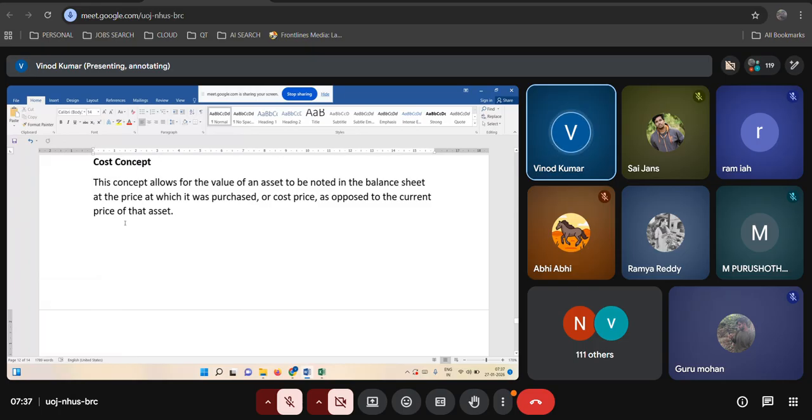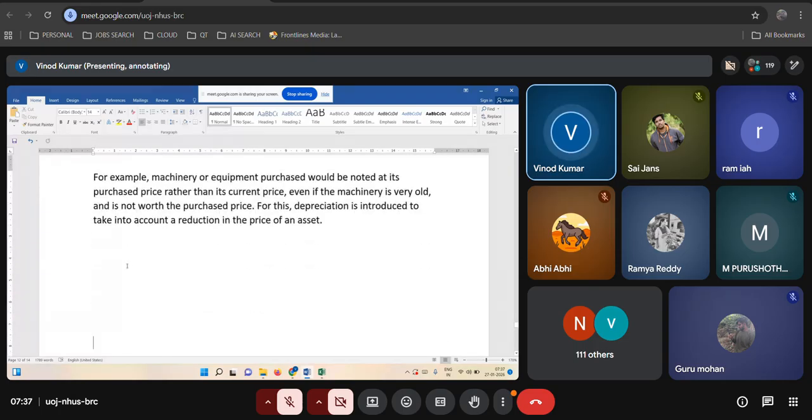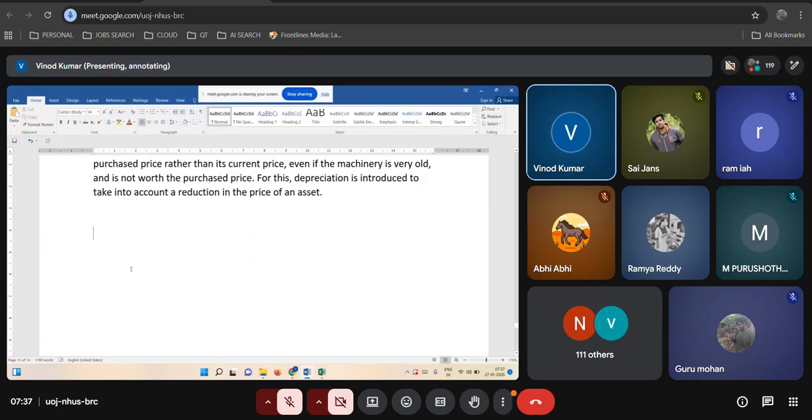For example, I started my company in 2001 and purchased land for my company. Assume I purchased it for 10 lakhs.